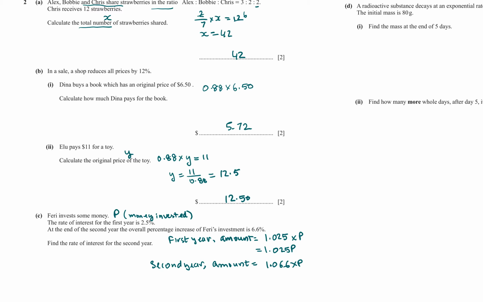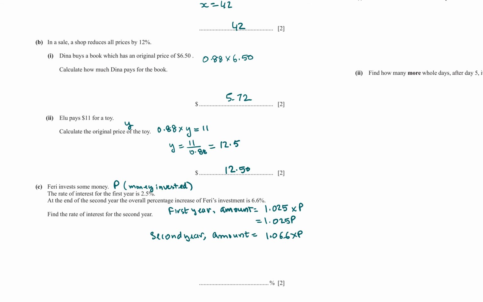So the rate of interest would be, we have to subtract, 1.066P minus 1.025P, divided by the initial value 1.025P, multiplied by 100. So the P's get cancelled out.